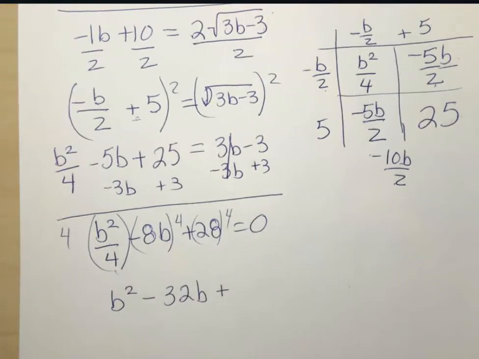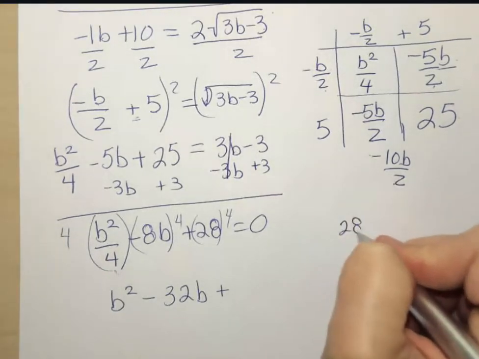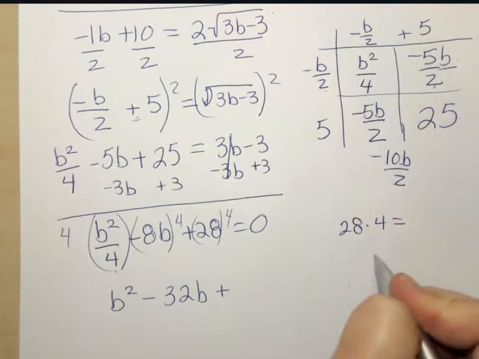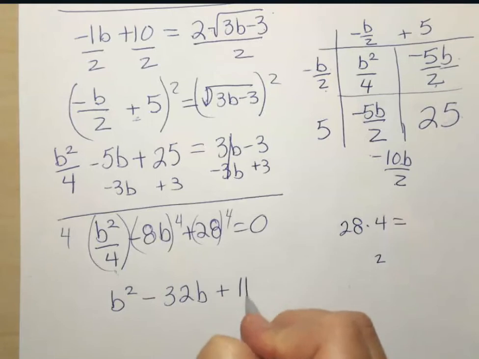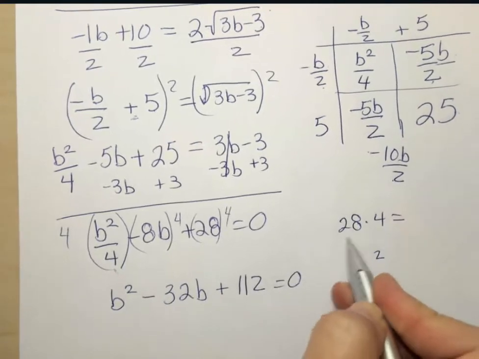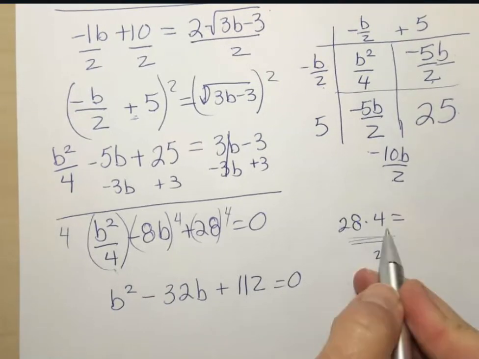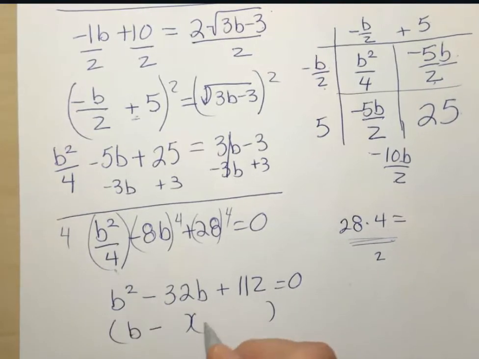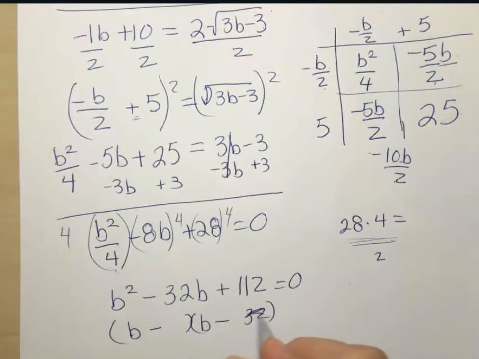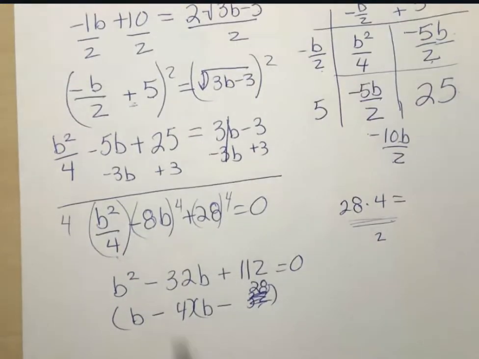Plus 28 and 4, well, we know 28 times 4 is going to give me 112. And the reason I wrote that to the side is because I know 28 and 4 gives me 32. So those are my two factors. Oh, not 32, 28 and 4. So my solutions are 4 and 28.